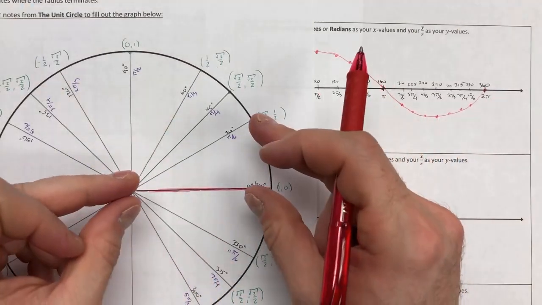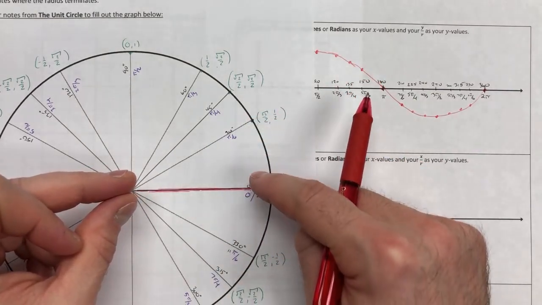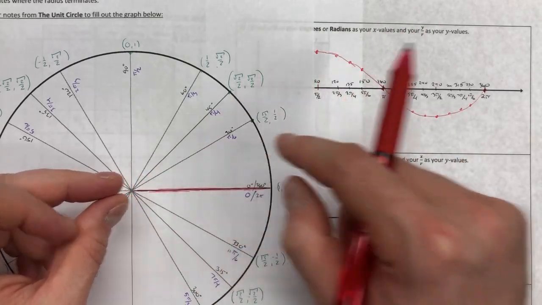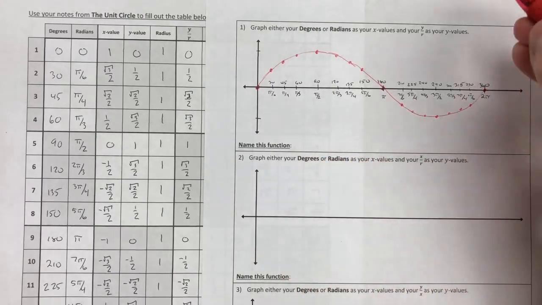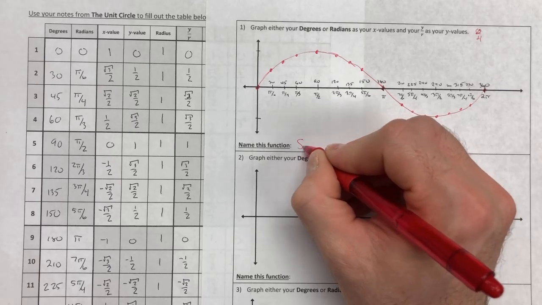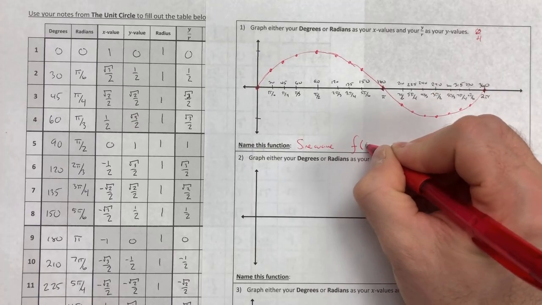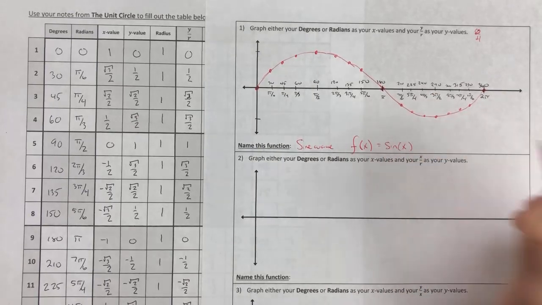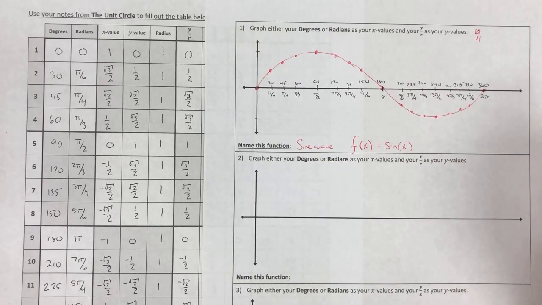If I look at this triangle right here, what is the y value of a triangle divided by the radius? Well, that must be the opposite over the hypotenuse. So if we know that y over the r is the opposite over the hypotenuse, this must be a sine wave, which is f of x is the sine of x. Boom. We graphed our first trig function.